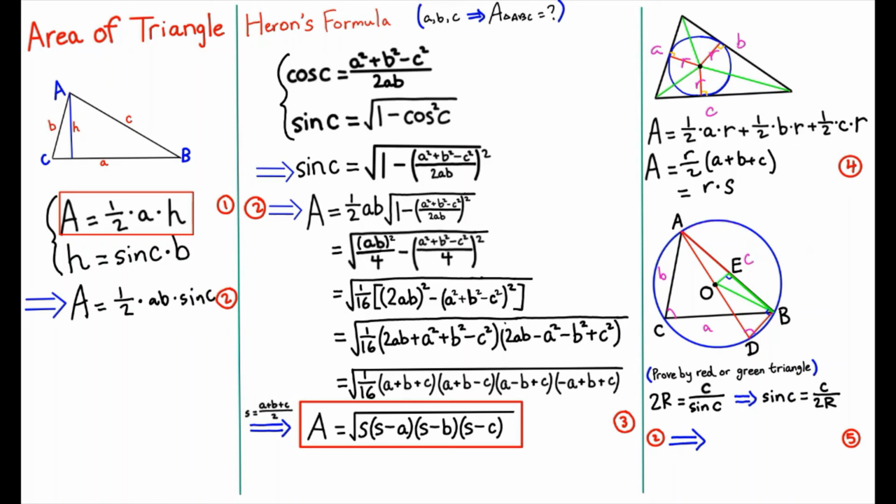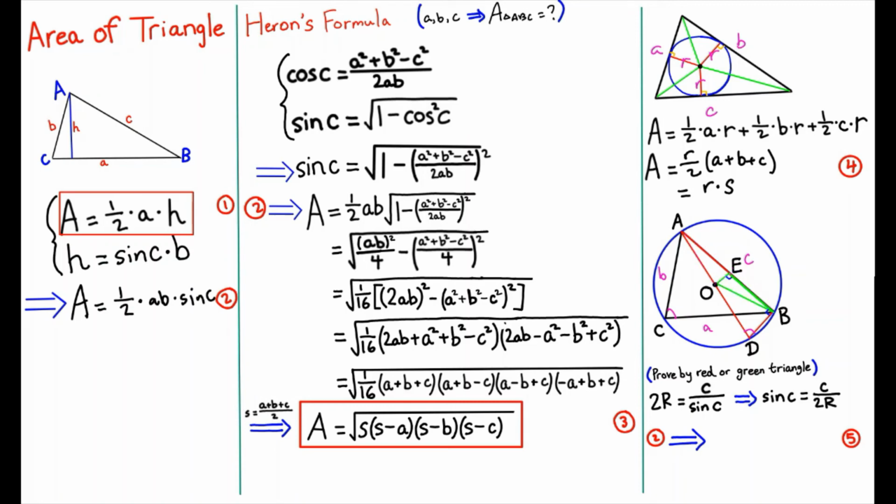Next, we can prove this again by using the green triangle over here. This triangle again is a right triangle since it goes down to here, which this triangle over here is an isosceles triangle, making it perpendicular.